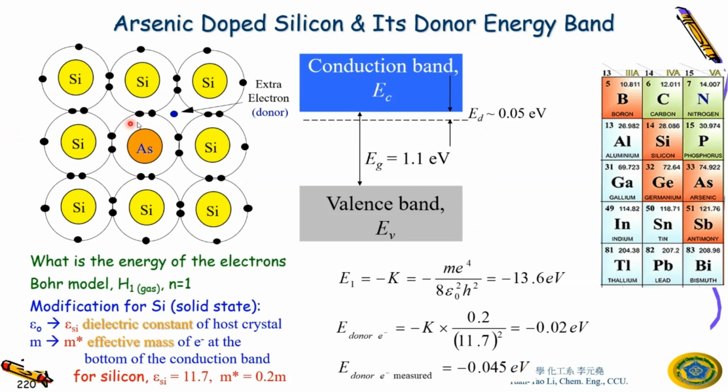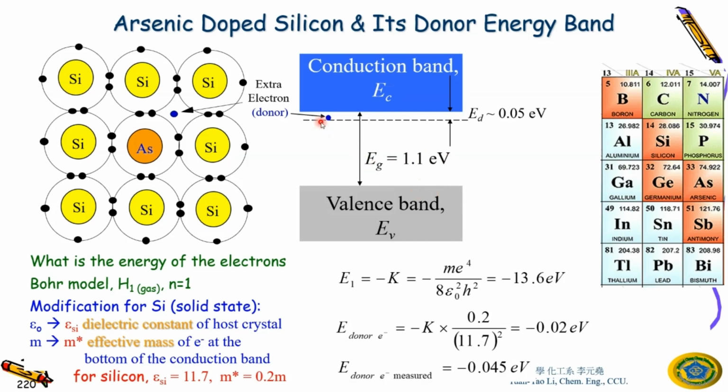So the energy of this electron, which is the donor, will sit here. So this is the energy. The rest of the electrons sit here, and if you want to pump electrons from the valence band to the conduction band, you need 1.1 electron volt, right?